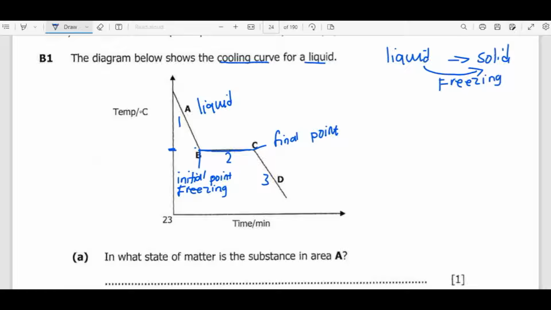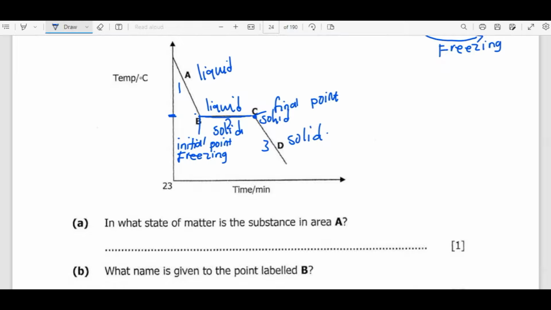During the process of freezing, we are expecting to have 2 states of matter. So we are going to have part of a liquid, and also part of a solid. Then by point C, we have a completely solid. Then even at D, this is a solid. Now, based on what we've discussed, let's look at the first question.